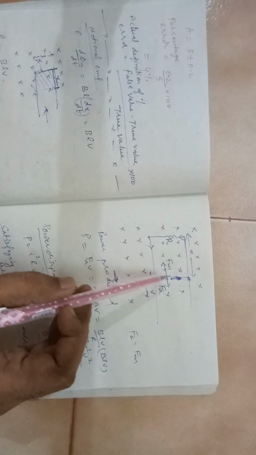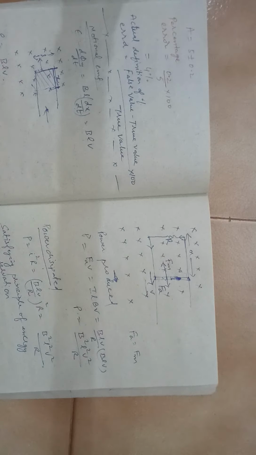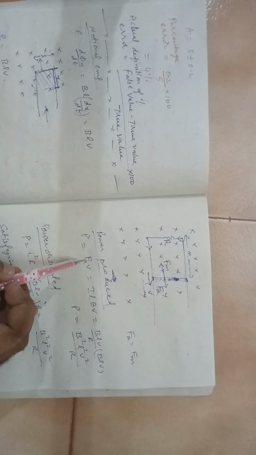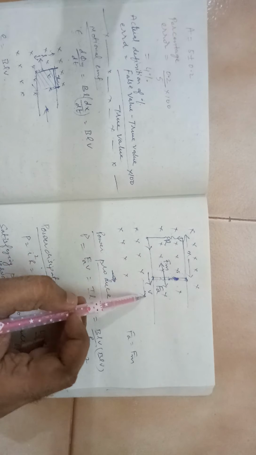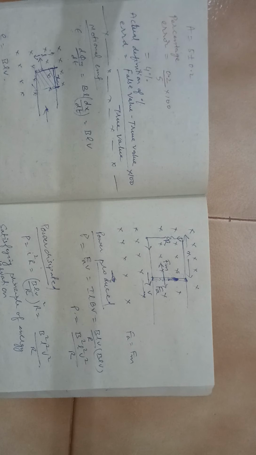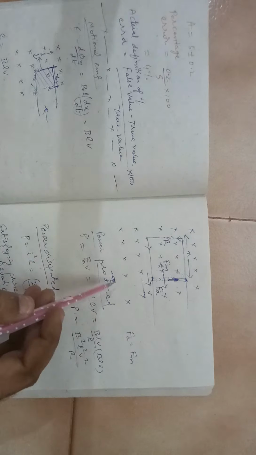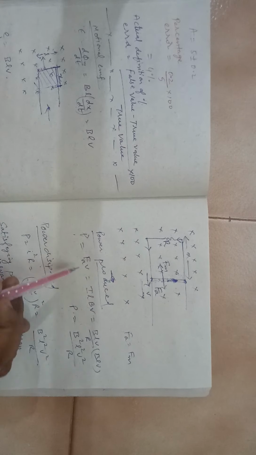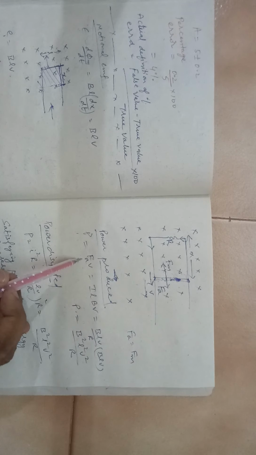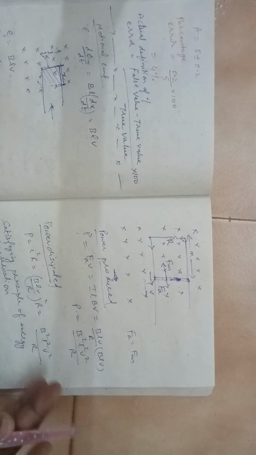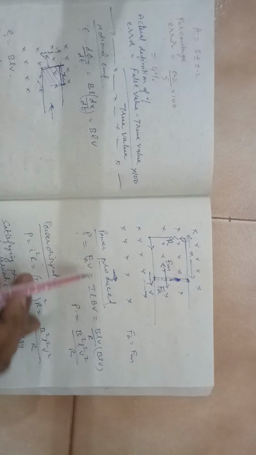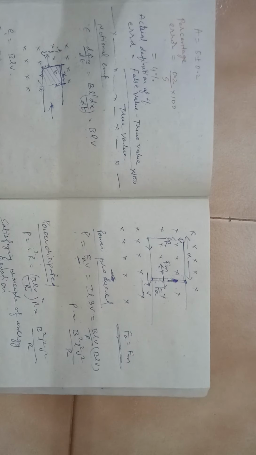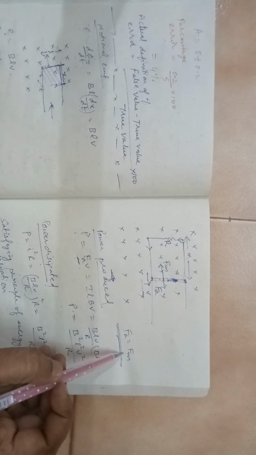Because a current is generated in the circuit, we can find out what is the power produced. If F is the force and with V velocity this is rolling, what is the power produced? Power produced P is equal to force into velocity, Fa into V. But here this Fa is equal to Fm, we just now discussed, and Fm is the magnetic force.